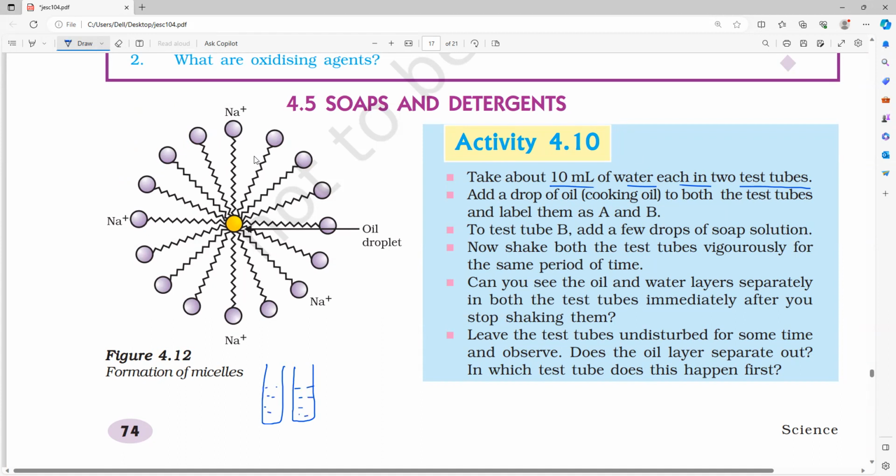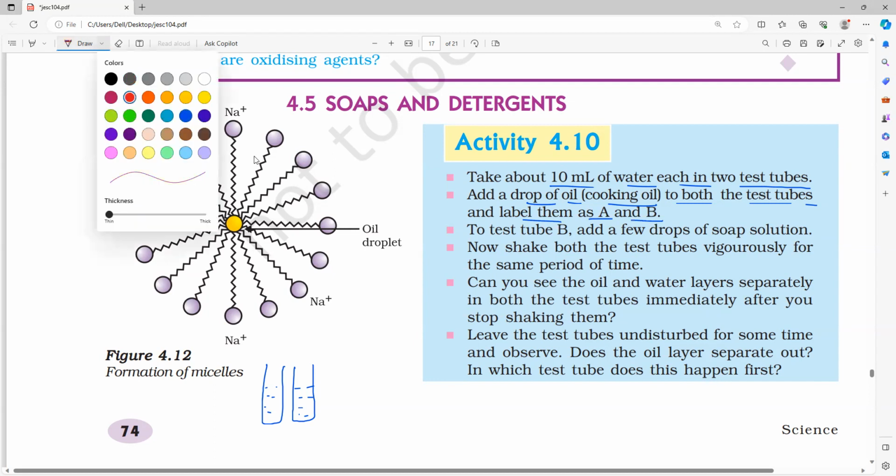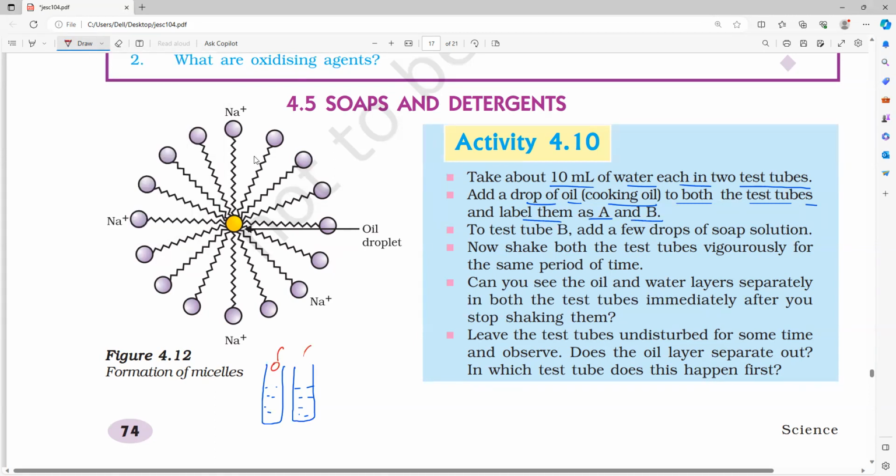Now add a drop of cooking oil to both the test tubes and label them A and B. So I added 1 drop of cooking oil, and I labeled this as A and this as B. Next, to test tube B, add a few drops of soap solution.